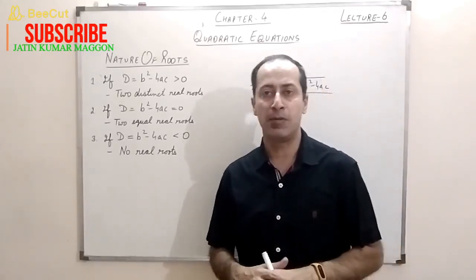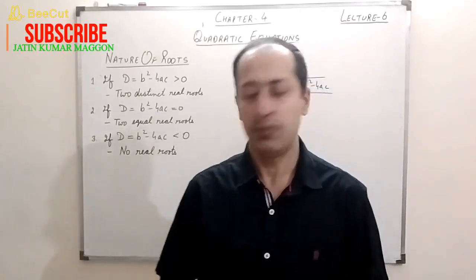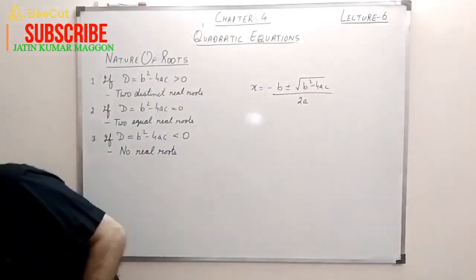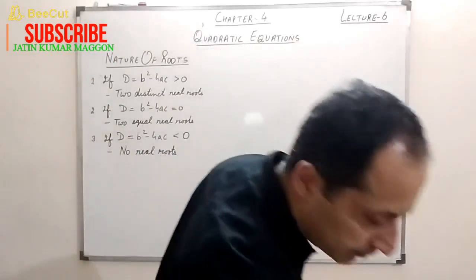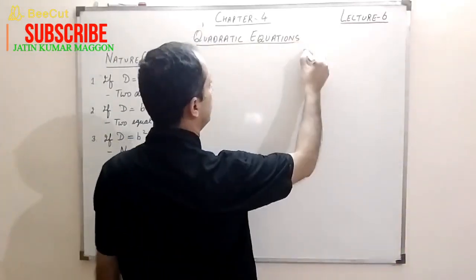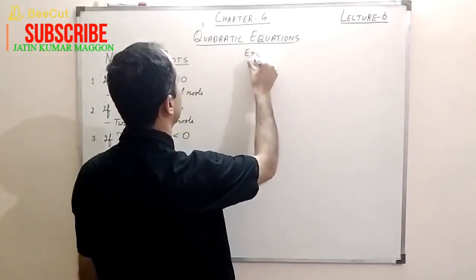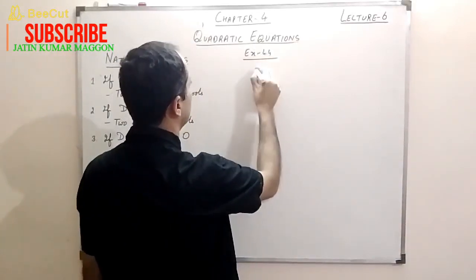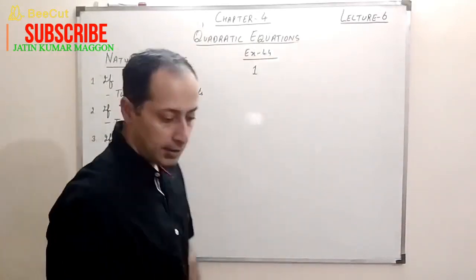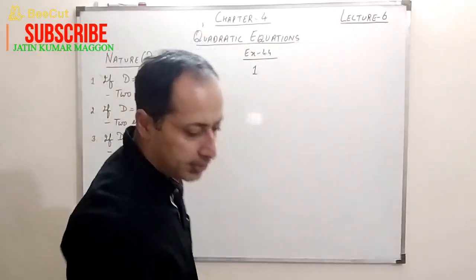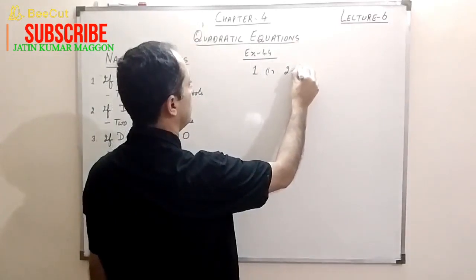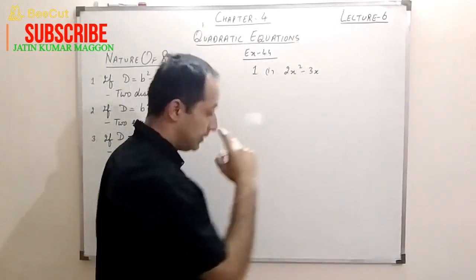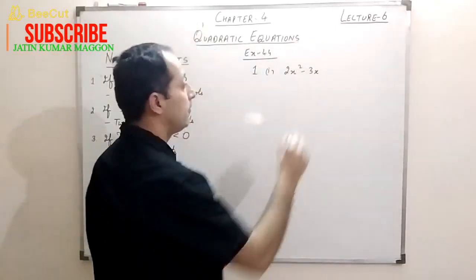Now let's take some questions from exercise 4.4. So we start with exercise 4.4. I'll take the first part. The equation is given as 2x squared minus 3x plus 5 equals 0.